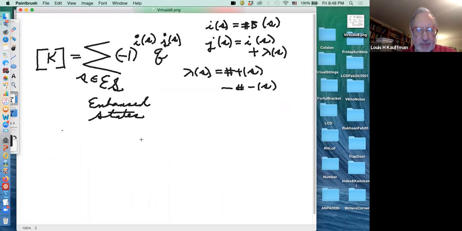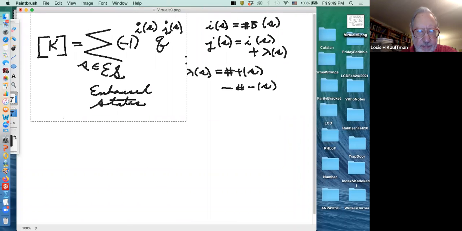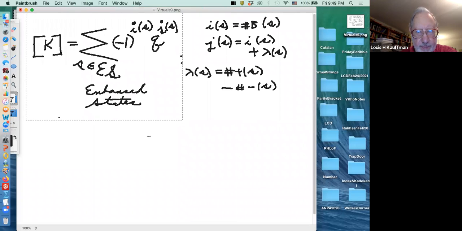Okay, I just wanted to get the picture of the algebra in front of us still. Okay, now there certainly could be a lot of states that have exactly the same evaluations here.